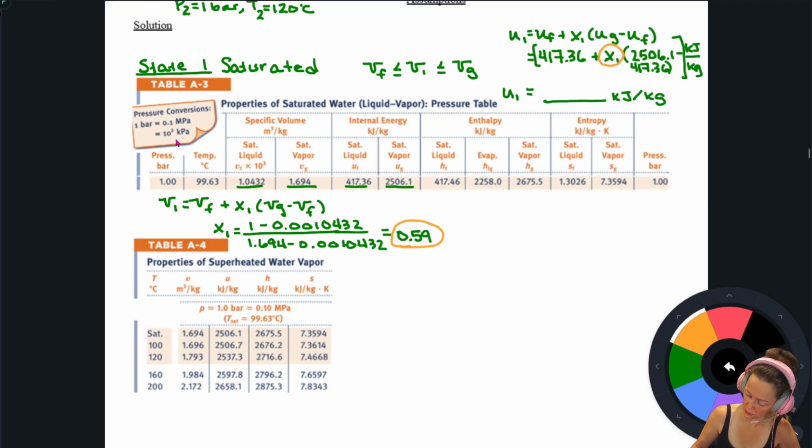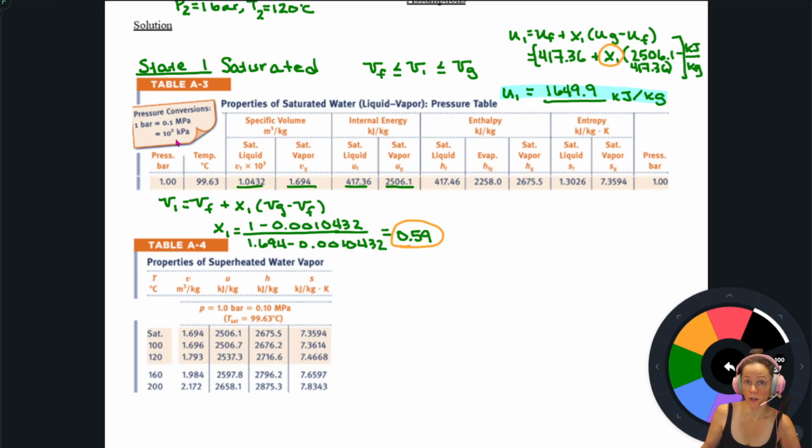So now I can plug that guy in. So I get a final answer of, let's see, 1649.9. Perfect. All right. Let me go ahead and I'll at least highlight that because I'm going to need that information.